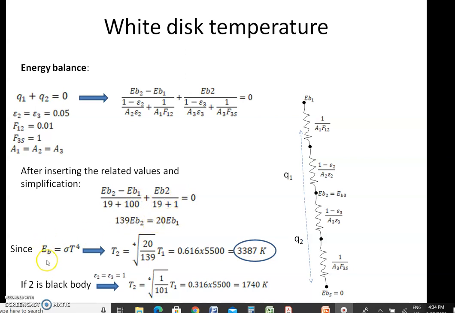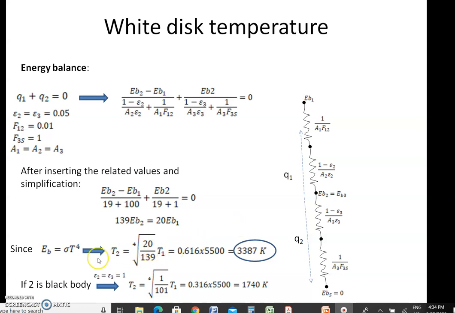Since we know the energy of the black body is equal to this equation, when we calculate this value, the temperature of the second disk, the white painted disk, is 3387 Kelvin, which makes sense because it should be lower than the hotter disk.